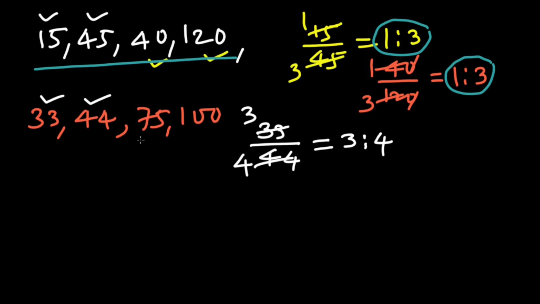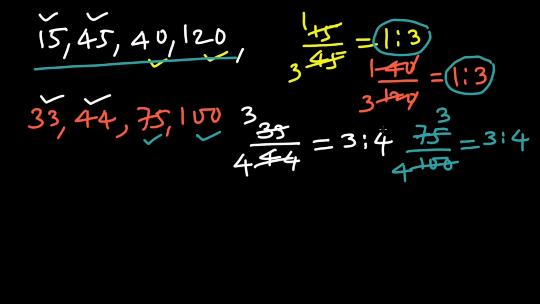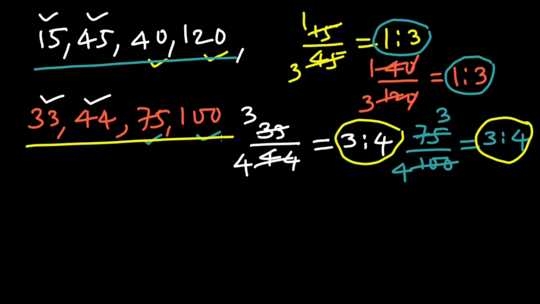Next, we will take ratio of 75 and 100. 25 threes are 75, 25 fours are 100, which is 3 ratio 4. Since these two ratios are equal, we can say that these four numbers are in proportion.